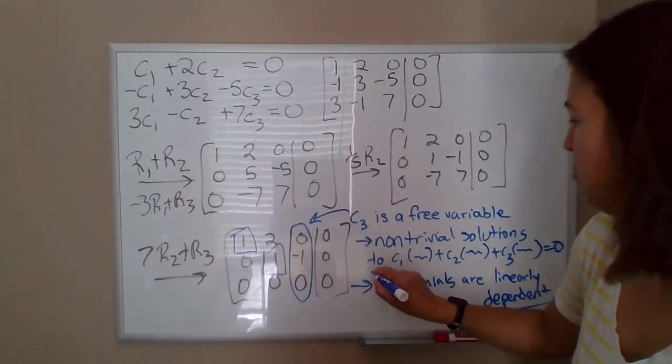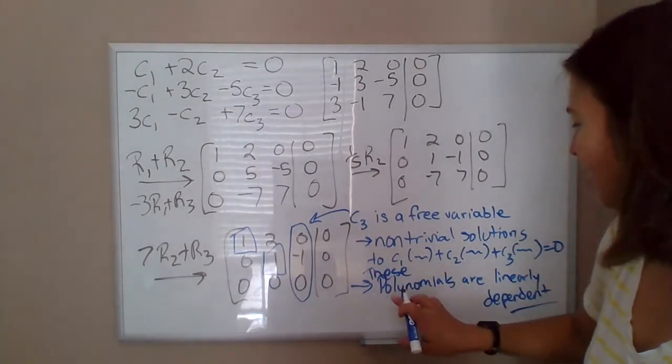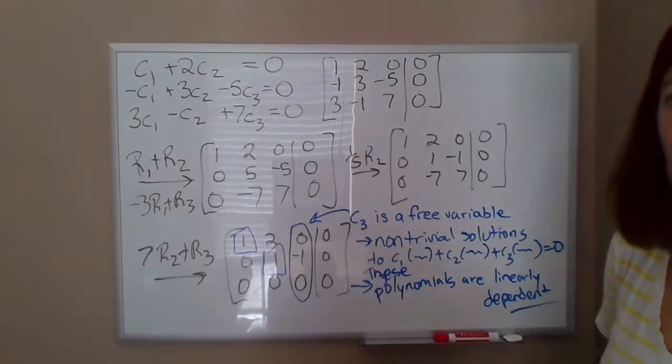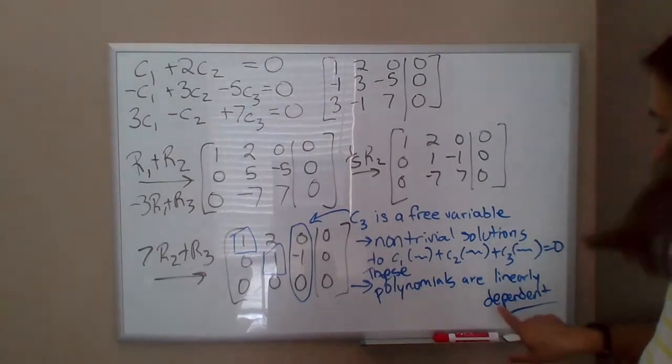And I should put these polynomials. I don't want to just say in general, polynomials are always linearly dependent. That would be wrong. So just these particular polynomials that I gave you in the example problem are linearly dependent.